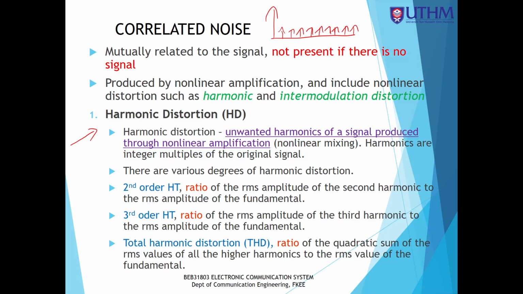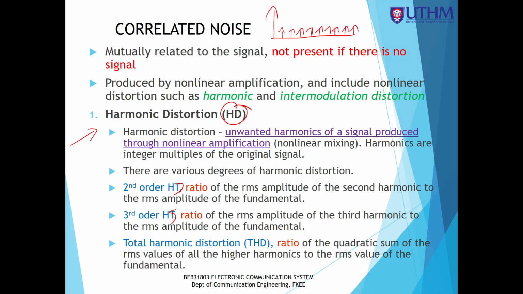There are various degrees of harmonic distortion: second order, third order, fourth order, sixth order, and many more. And please correct, this is supposed to be HD. HD stands for harmonic distortion.